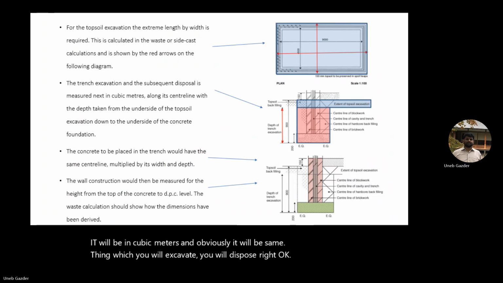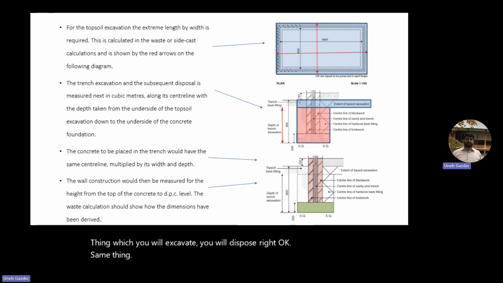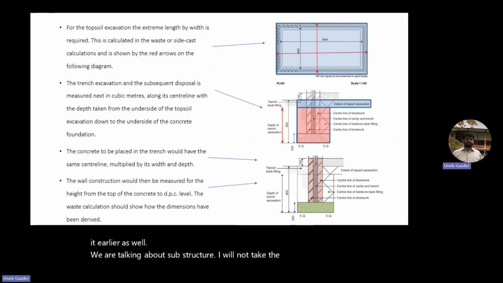The wall construction is measured, not talking about the walls, I mentioned it earlier as well. We are talking about substructure, so I will not take the wall till the full height.